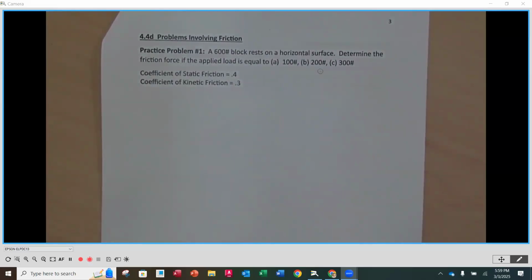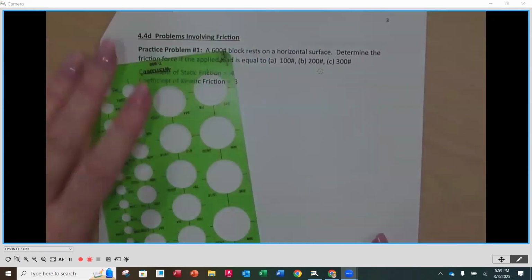So what we want to do is draw a diagram first. I'm going to grab out my straight edges here. Well, I'm not seeing my protractor, but that's okay, so I will use this instead.